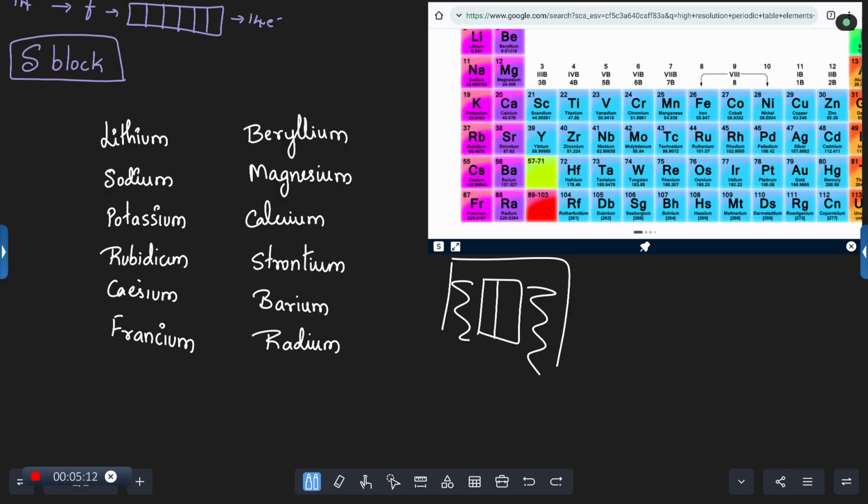Can you tell me the alkali metals? Don't tell it first. First the elements. Can you try? First group? Anyone else want to try? Second group? Anyone?